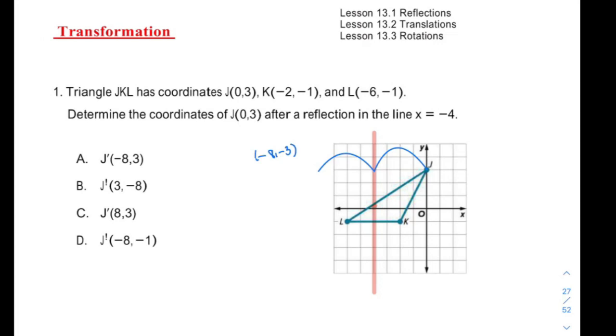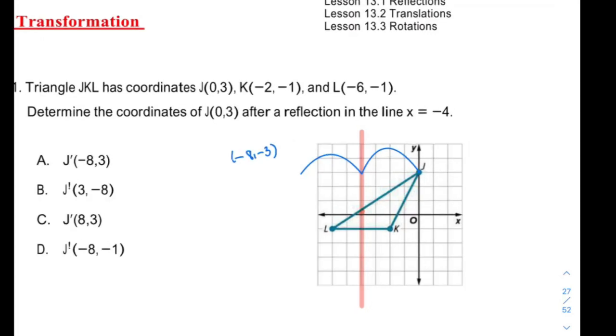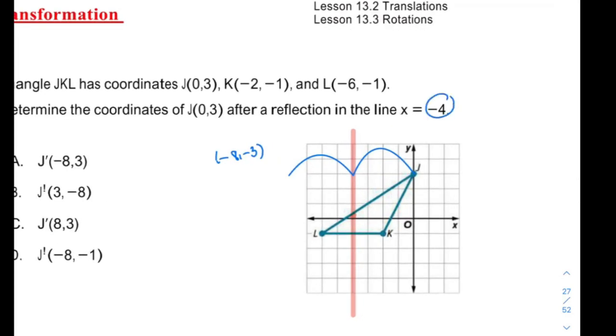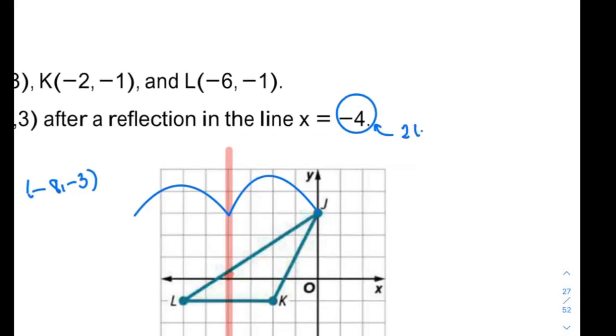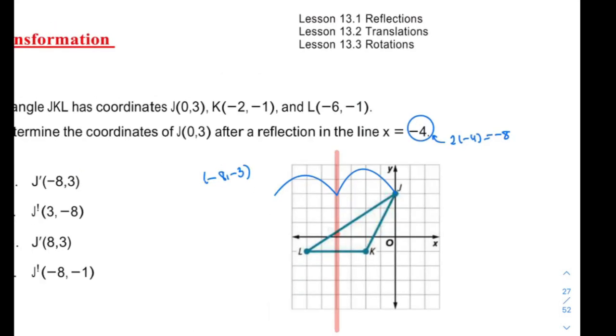The other option is to use the rule. What is the rule? The rule is just multiply this constant by 2. So it will be 2 times -4, which is -8. Since it is x equals a number, x will be affected.